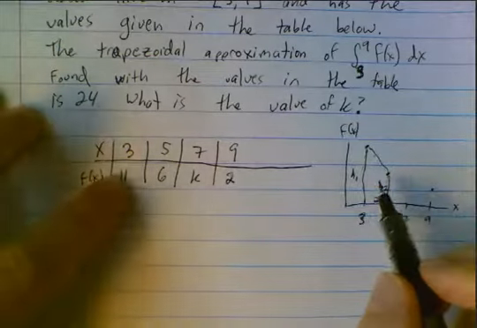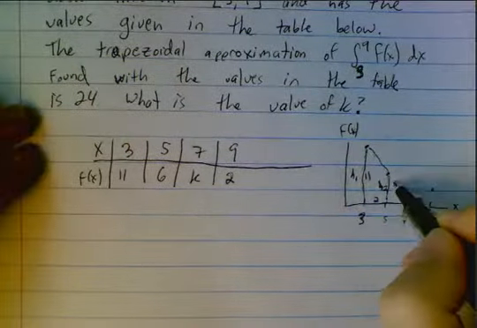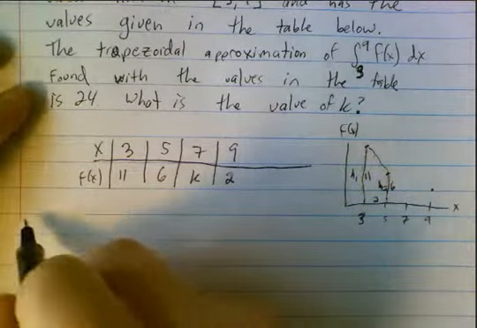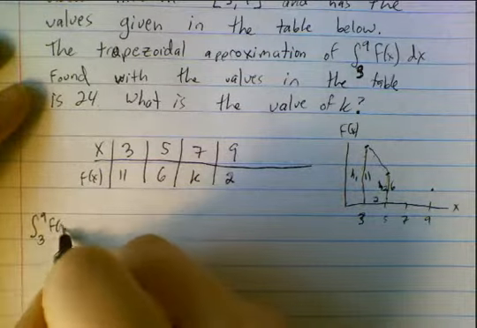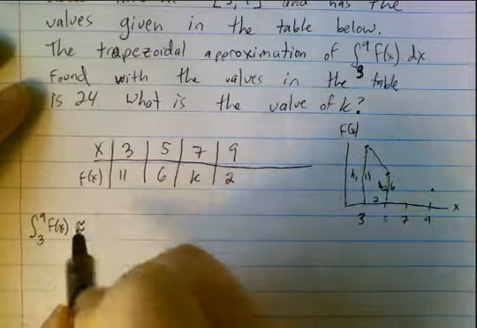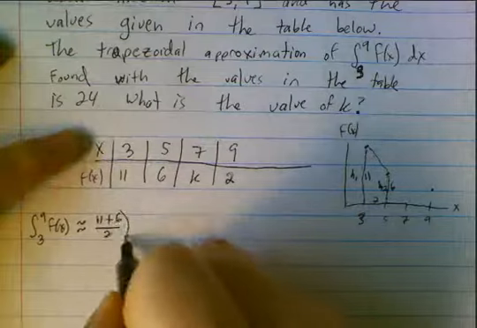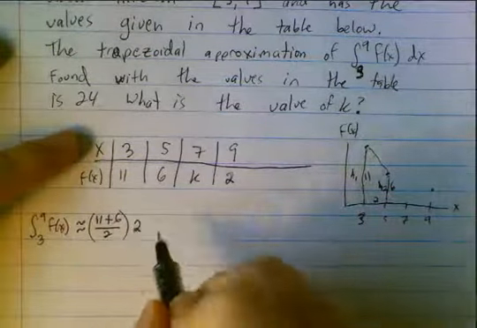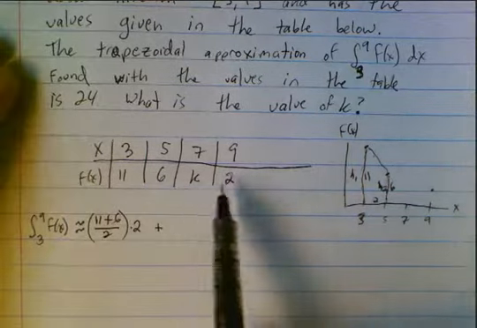So each of these is giving me the height. So I know this height is 11, this height is 6. So my trapezoidal sum is going to be 11 plus 6 over 2, the average of those heights, times the width, which is 2. And now I can just do that same thing for each of these.